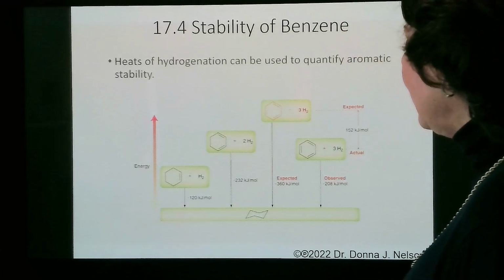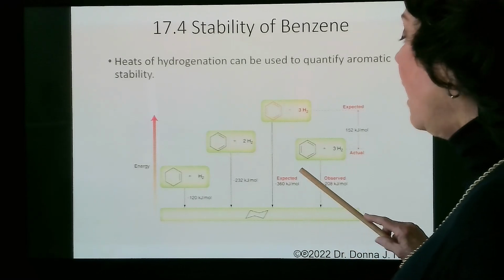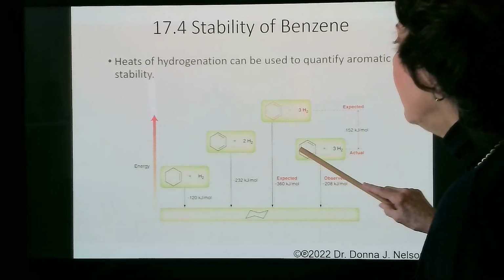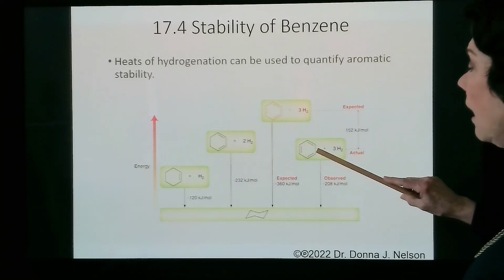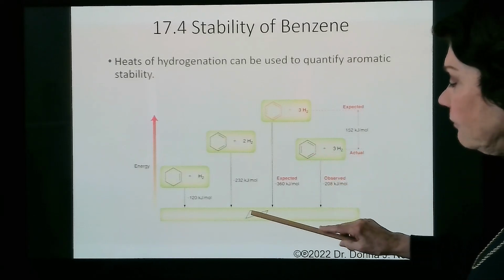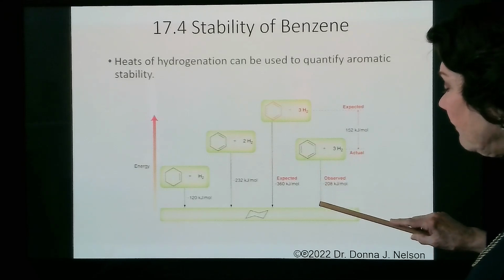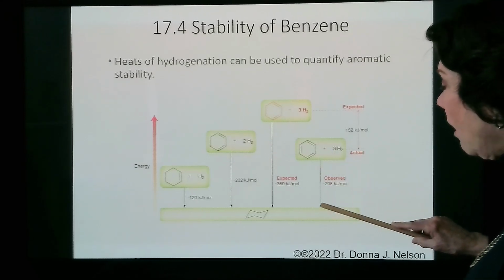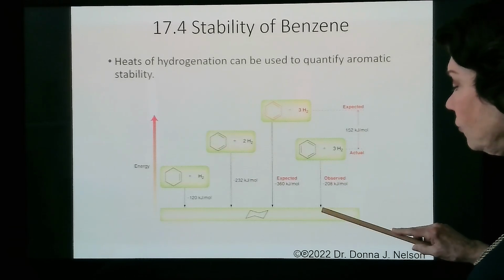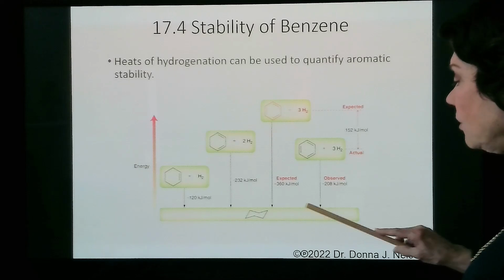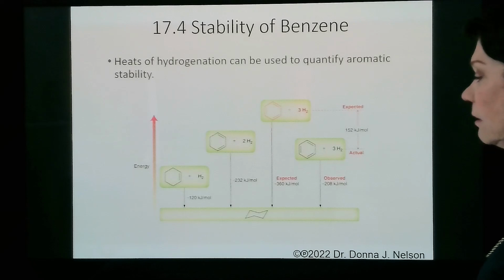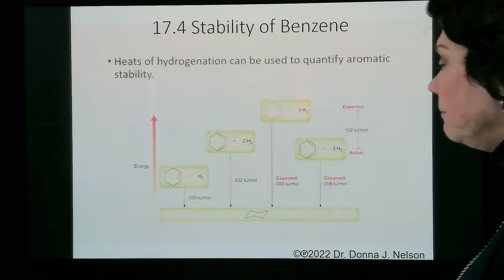So how stable is the benzene? Here is the benzene. If it is hydrogenated, energy is given off. So if this is hydrogenated to give cyclohexane, energy is given off and observed how much is given off. So only 208 kilojoules is given off to bring this molecule down to the level of cyclohexane.